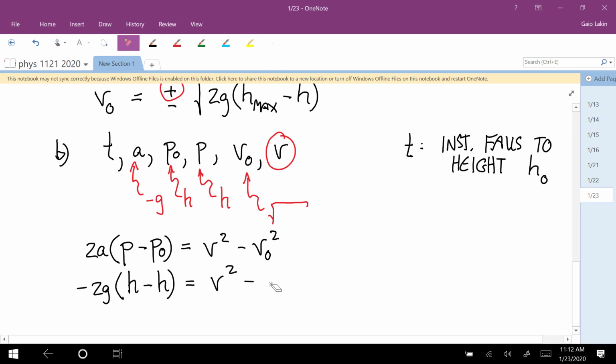Well, we can write that as minus the square of that square root is 2g times the quantity h max minus h.